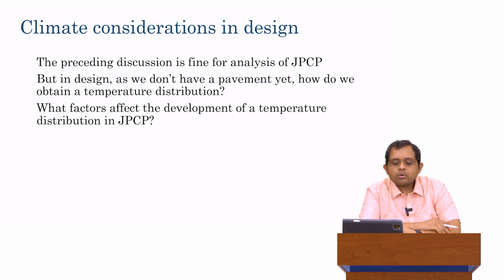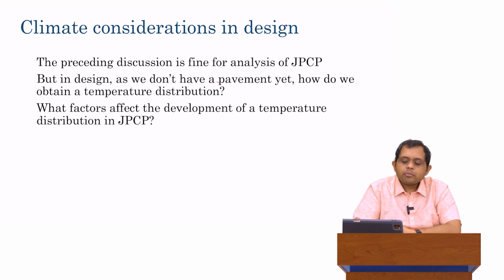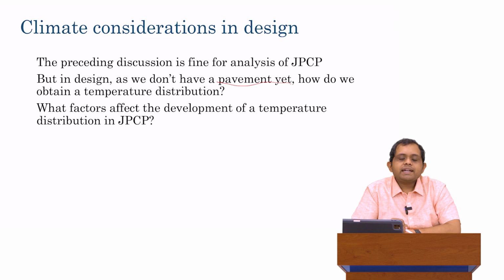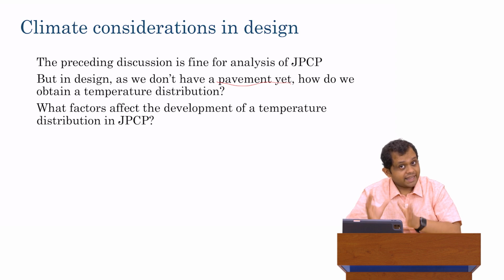But as I pointed out, in design, we don't have a pavement. So how do we get a temperature distribution for a pavement which we don't have? If you recall the example we did in module 2, I had specifically said that there is a pavement and some thermocouples were placed inside the pavement. So it's already there. We simply place some thermocouples, we measure the temperature, and then we did the rest of the calculations. If you don't have a pavement, you're not going to apply a thermocouple to anything.